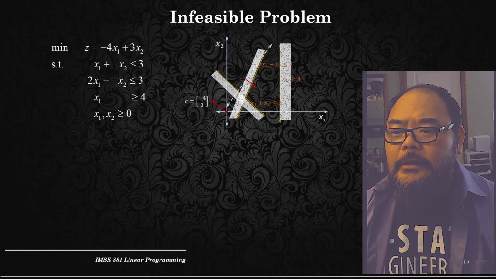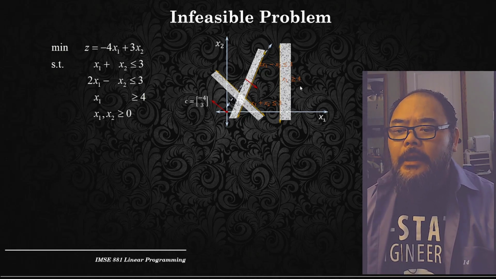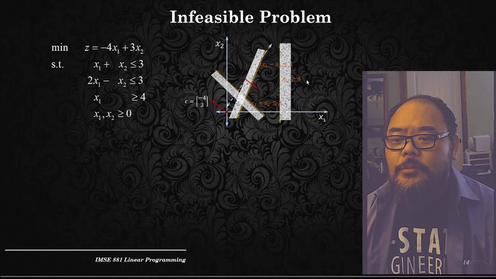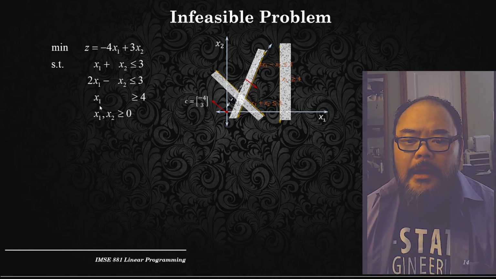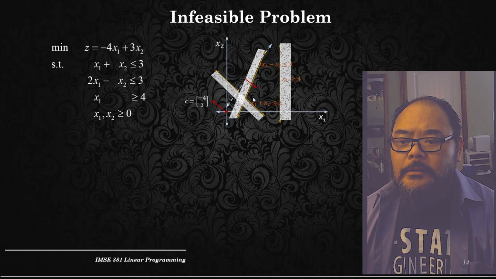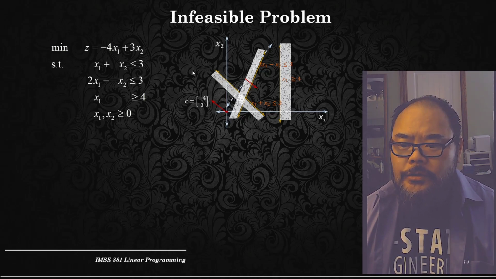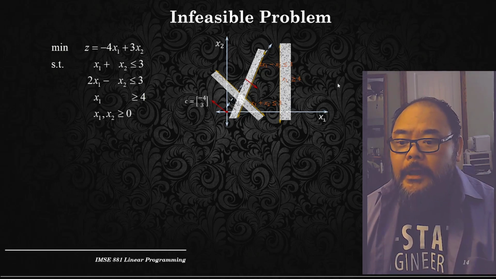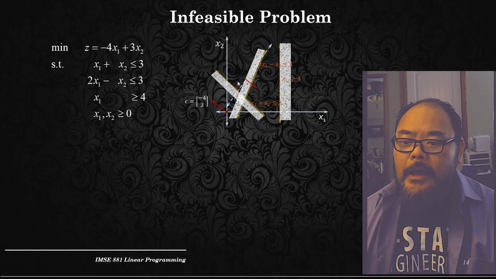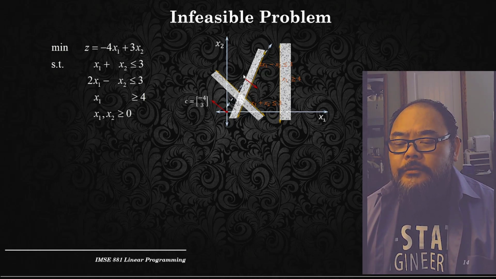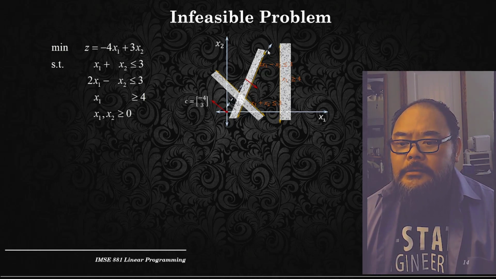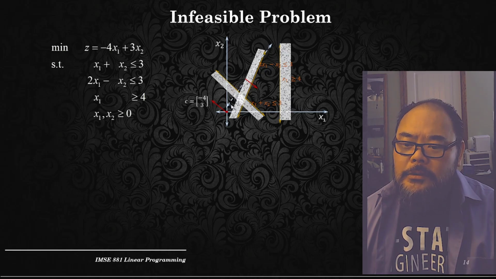So you see that these constraints don't have any intersection, and that means there's no feasible point defined by this feasible region. No point is defined by these three constraints, and they're segregated into two sets of half spaces or polyhedra.